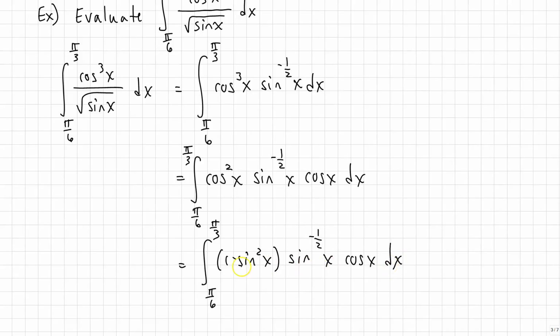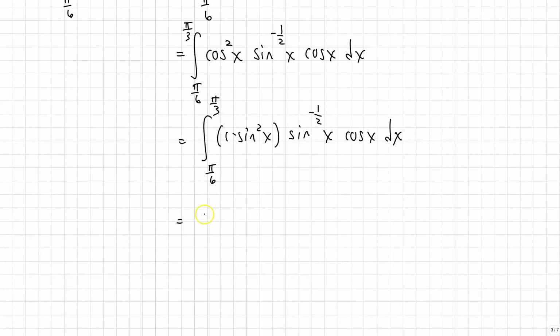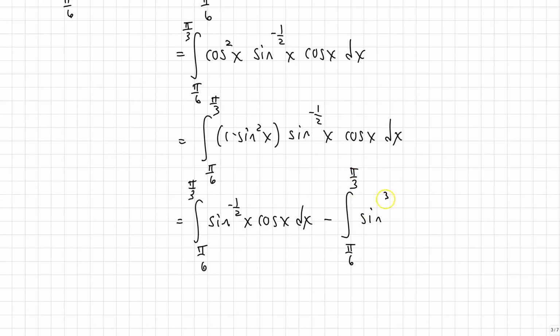And then again, we can just distribute and split up the integrals. So if we distribute, we'll have sine to the negative 1/2 x cosine x dx minus sine to the 3/2 x cosine x dx.